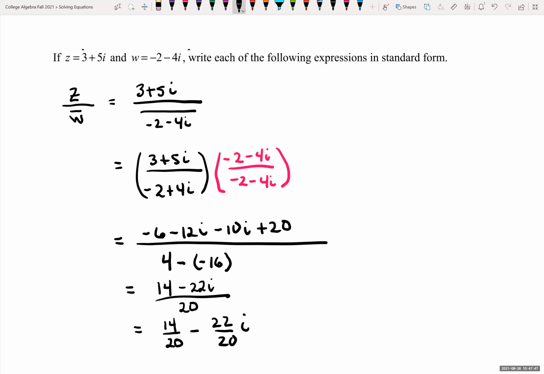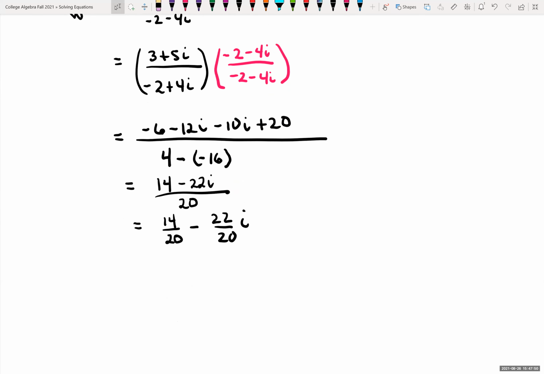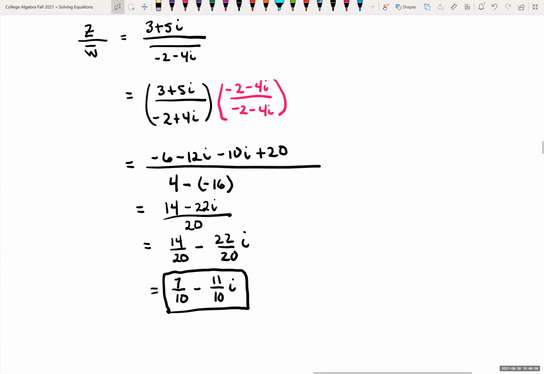And then we want to reduce our fractions. So 14 and 20 have a 2 in common, so that would leave us with 7/10. Minus 22 and 20 have a 2 in common, and that will leave us with 11/10. And so now it's in standard form of a complex number.